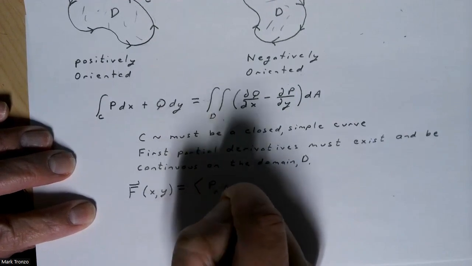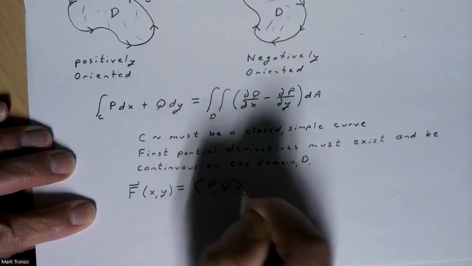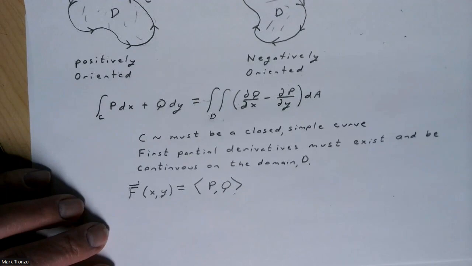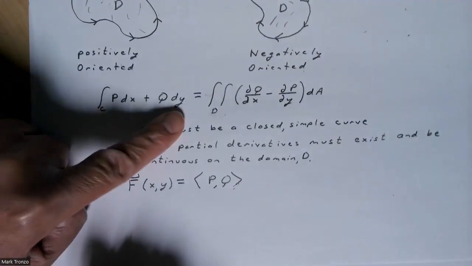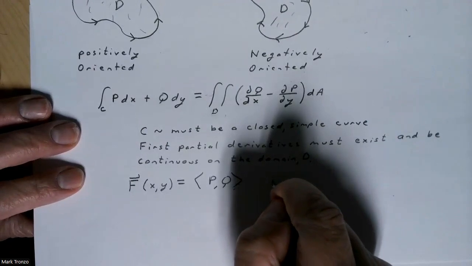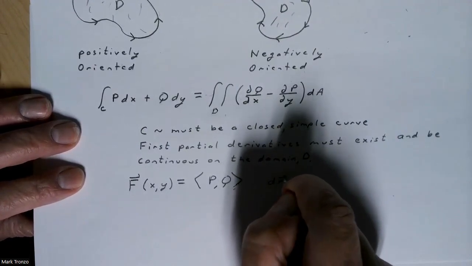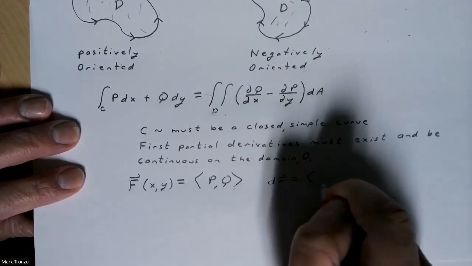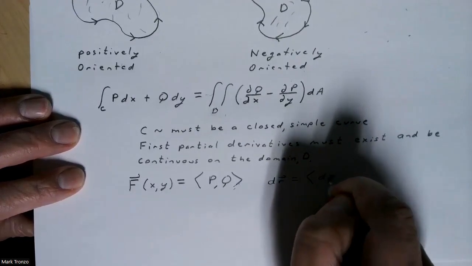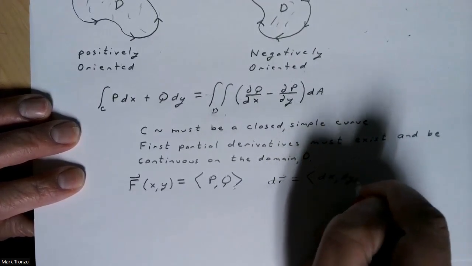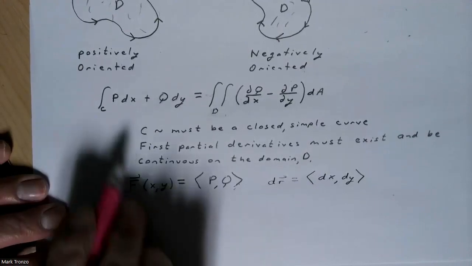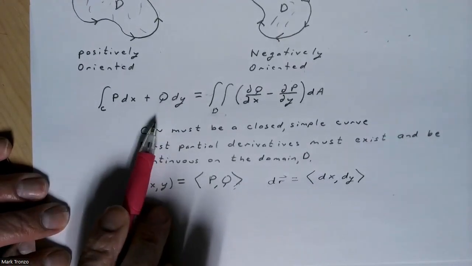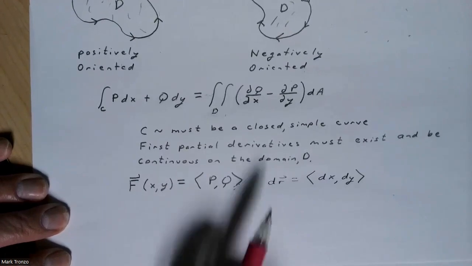This could be written as P, Q, like this. And the dx dy could be written as dr. So this up here could be written as a dot product with F and dr.